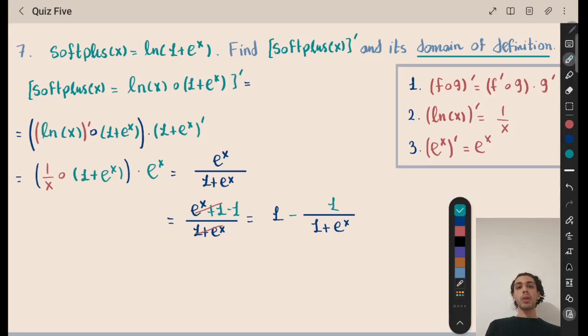And now, if you want to look at the domain of definition of this derivative, this one or this one, because they're exactly the same, I can divide by e to the x plus 1 because I know that this value is always greater than 1, because e to the x is always greater than 0. So I don't need to worry about dividing by 0, for example. And for this exact same reason, 1 plus e to the x is always greater than 1 for any x.